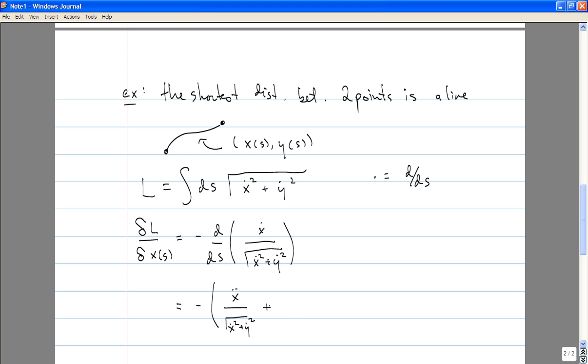So we have a factor of 1/2 times x dot squared plus y dot squared to the minus 1/2 power, with a minus sign, and then twice the derivative of x dot squared. So we have an x dot squared times x double dot, because there's also 1 power of x dot from the numerator.